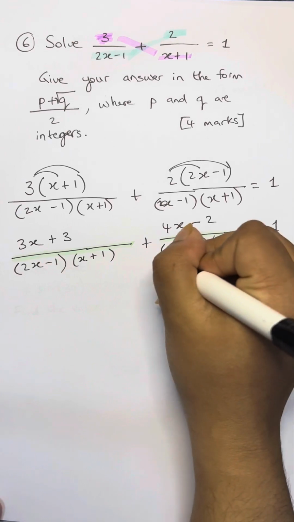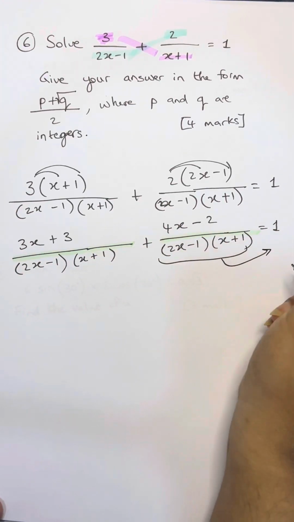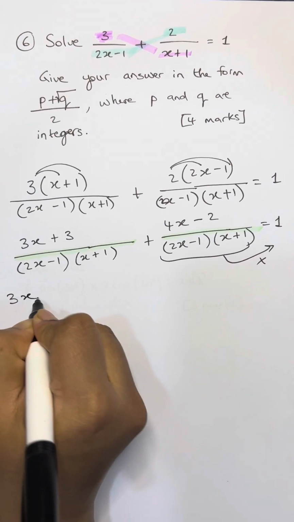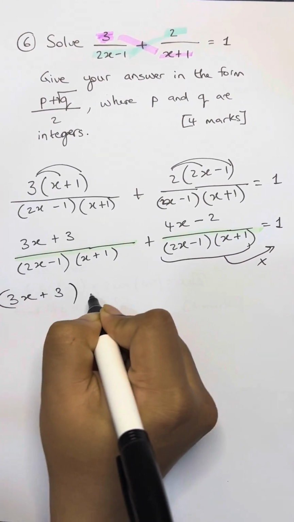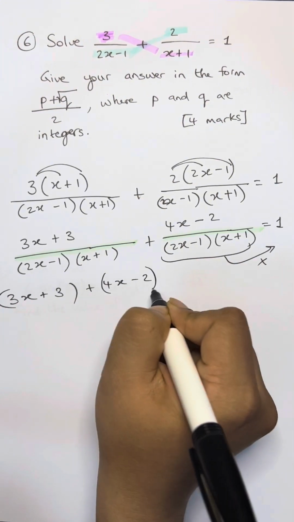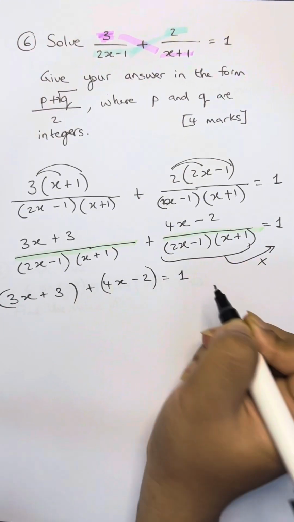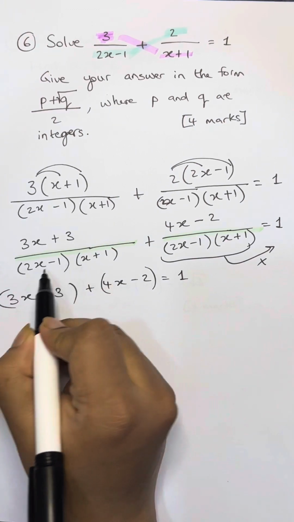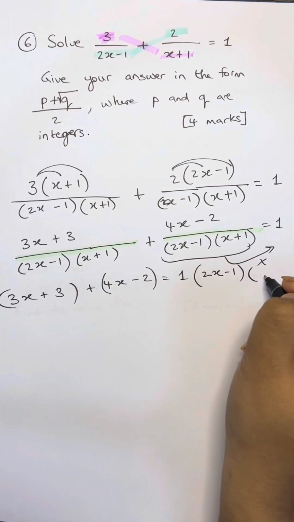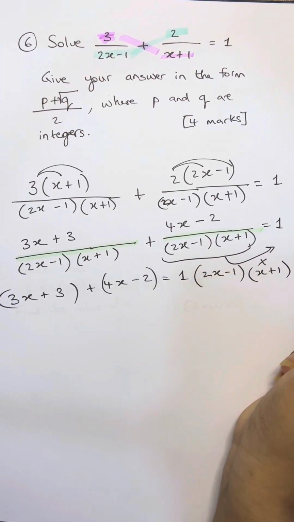So to get rid of this onto the right-hand side, I just need to multiply them out. So 3x plus 3 plus 4x minus 2, yeah, equals to 1, and it's going to be multiplied by what I have in the denominator, and x plus 1, okay?